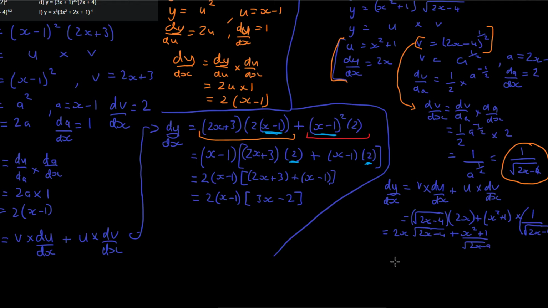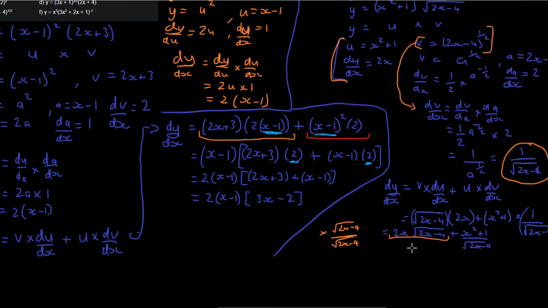Now this is not as simple as it could be. We've got two separate terms. We've got a plus in between this big term on the left and this fraction on the right. We can combine them both together. And we can do that by multiplying this left term by the square root of 2x minus 4 over the square root of 2x minus 4.